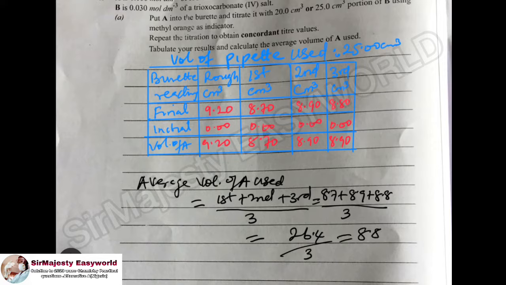So maybe black is more contrasting than this blue here. Rough, first, all in cm cube. Please endeavor not to cancel your table, and don't fill the table with pencil.